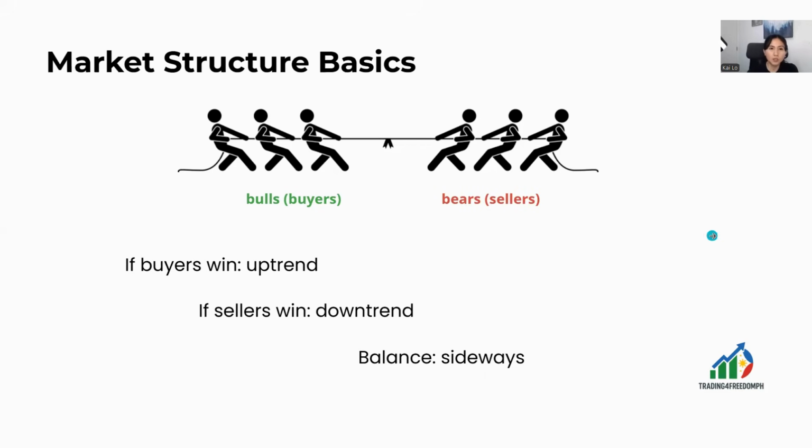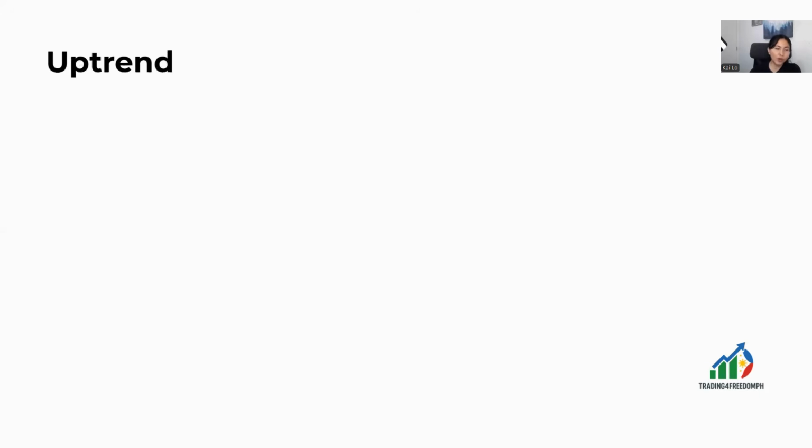Okay. So, now we go first to an uptrend. So, it's interesting as well because the market could just go three ways. Una, uptrend. So, paano natin malalaman kung uptrend ang market? It is a series of higher highs and higher lows.